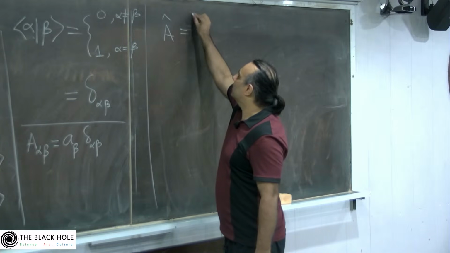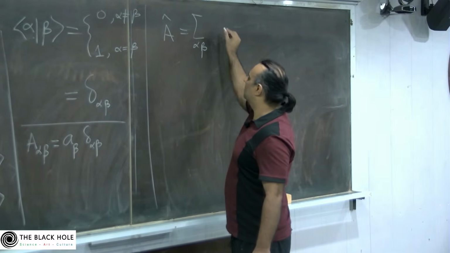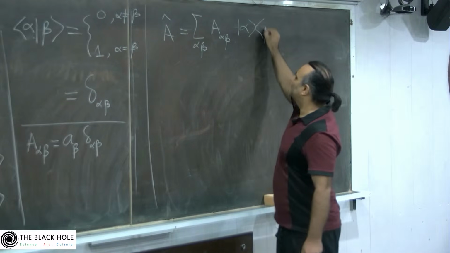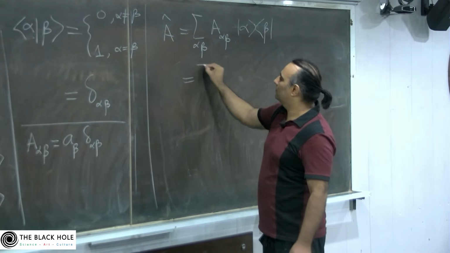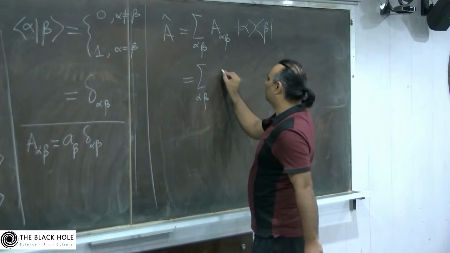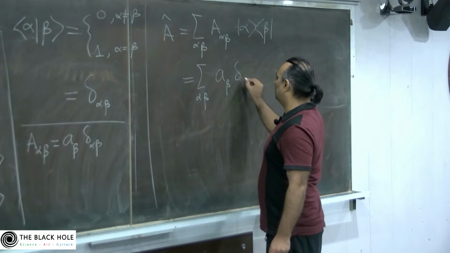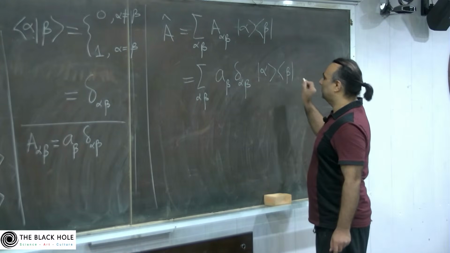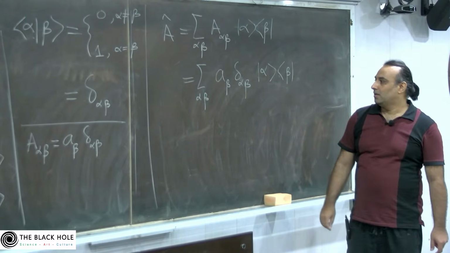So operator A, now this is A beta, delta alpha beta.